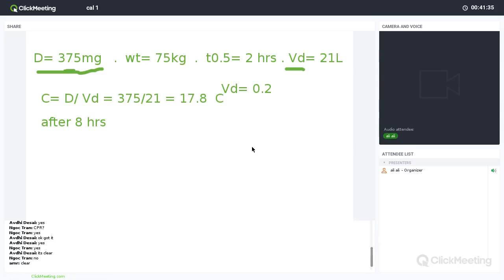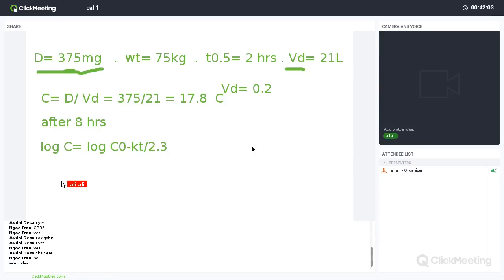In this type of question, we have two approaches to solve it. The first one, which is the long one, is log C equals log C naught minus KT divided by 2.3.